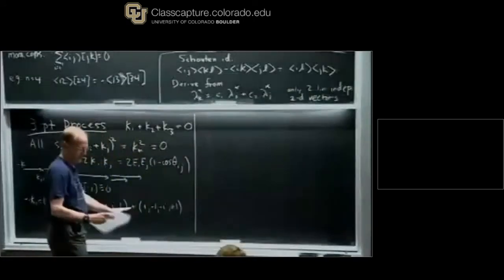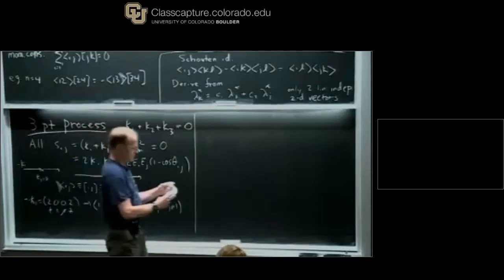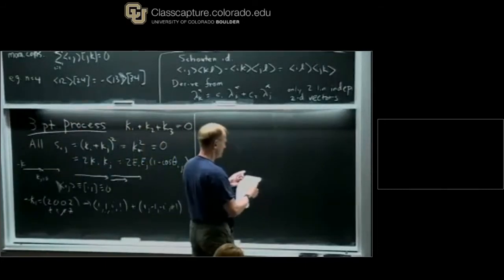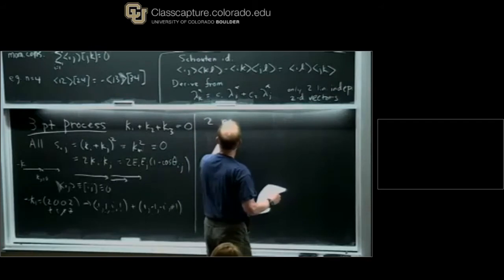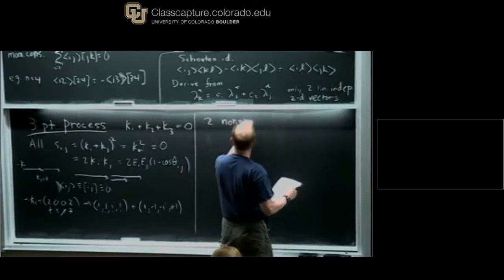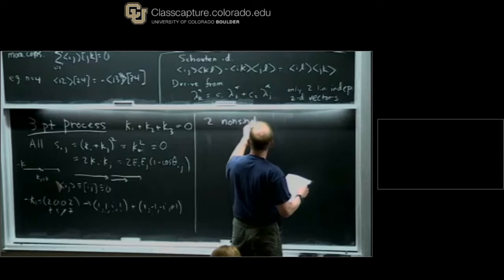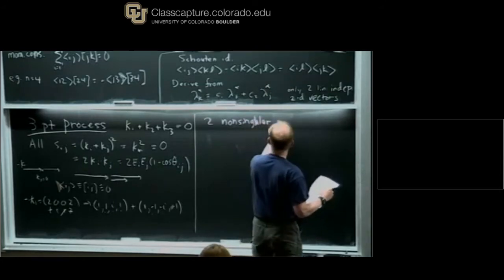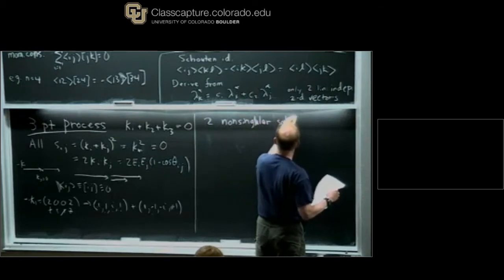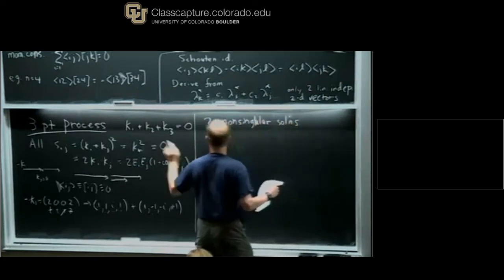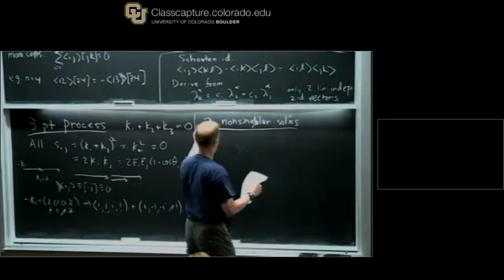Now, what we want to do now is not use something quite as explicit as this, but let's find two solutions that satisfy the complex on-shell kinematics for the three-point process.